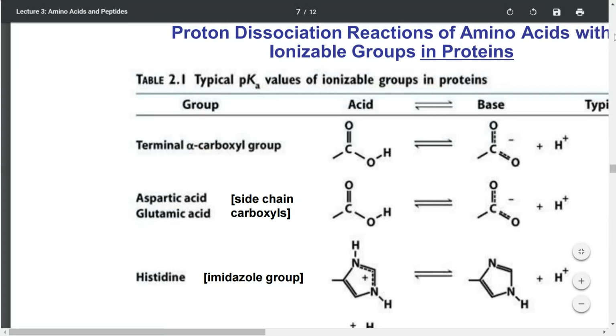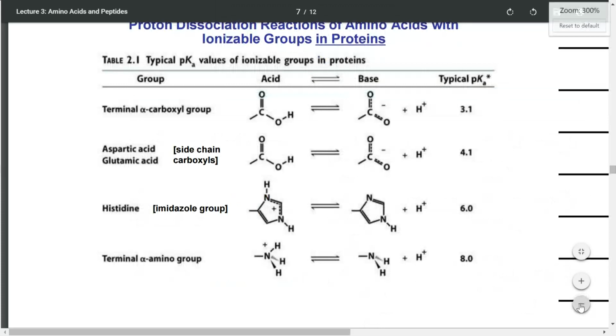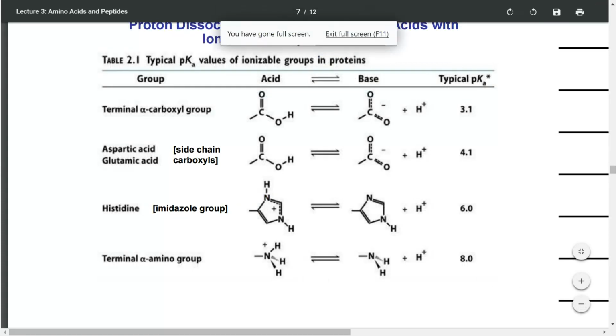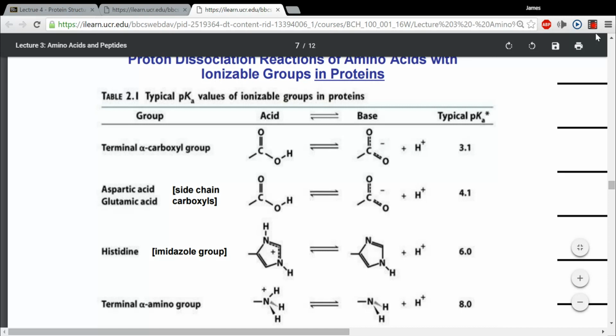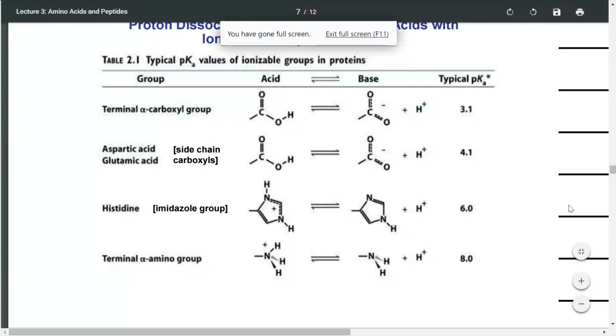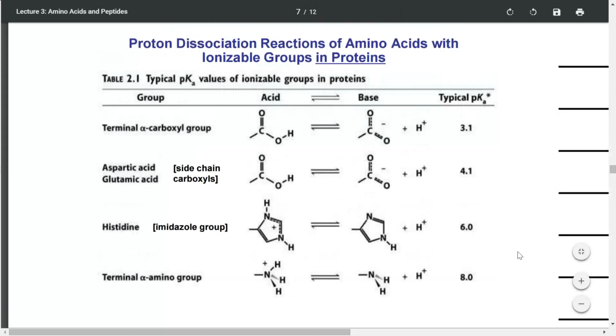When we look at the other groups that are ionizable, cysteine, which has that free SH group, will give up a proton starting about pH 7.3. The pK is 8.3. Tyrosine, which is this ring with a hydroxyl group on the end, is 10.9, so more basic than the terminal amine.